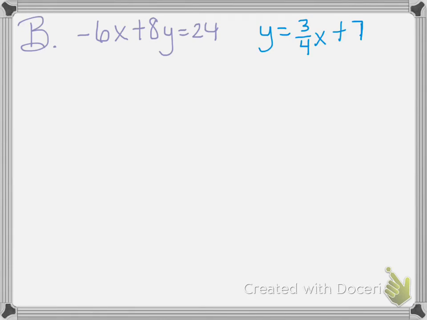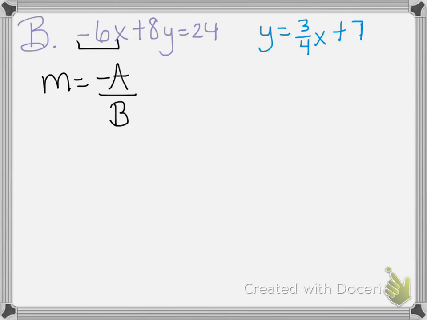Again, we're looking for our slopes to be able to tell: are they the same to be parallel, opposite reciprocals to be perpendicular, or neither. They can both still be lines, of course, but they're not in that relationship, parallel or perpendicular. So we have slope here. We'll look at -a/b.